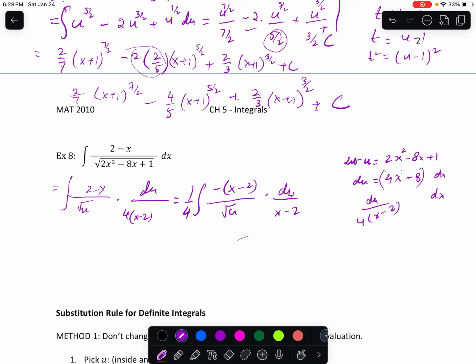Can you see now x minus 2 and x minus 2 cancel out, and the negative sign is there. So we end up getting negative 1 over 4 integral.